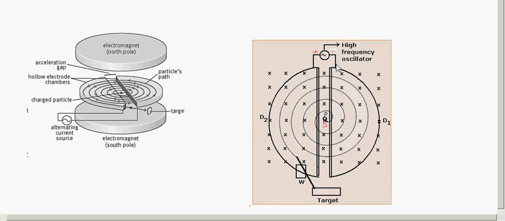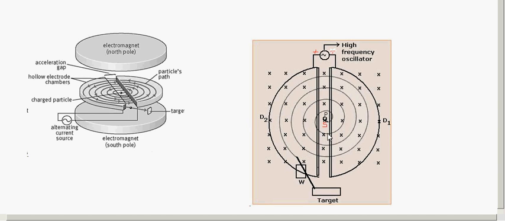Now in this case, the positive ion gets attracted towards D1, and during the movement inside this electric field, the electric force makes the particle accelerate, meaning it gains some energy or its velocity increases.